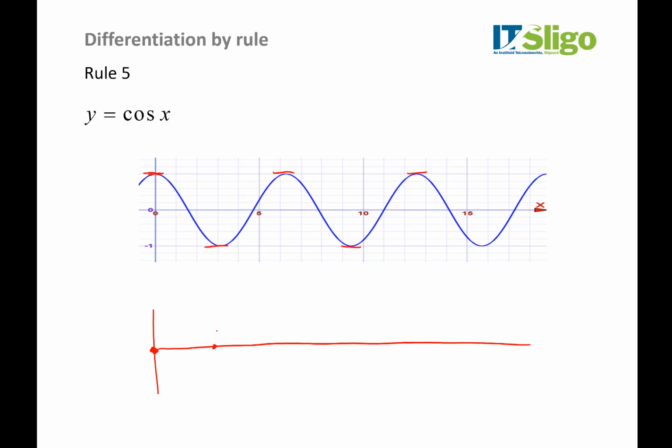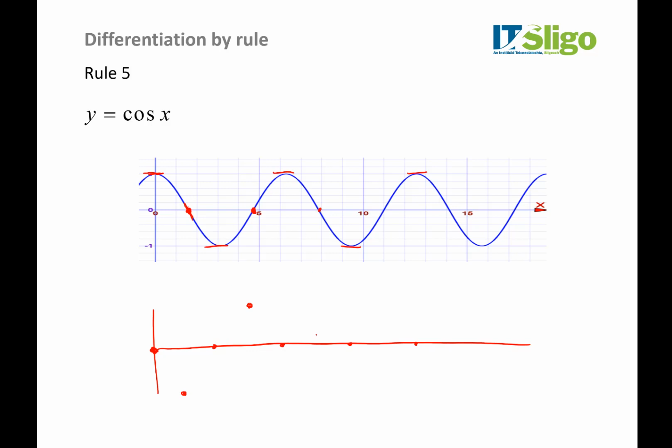So there'll be 0, there'll be 0, that'll be 0, this one will be 0. But here now, when x is equal to 90 degrees, the slope is -1 because it's downhill. Now here, the slope is +1 because it's going uphill.